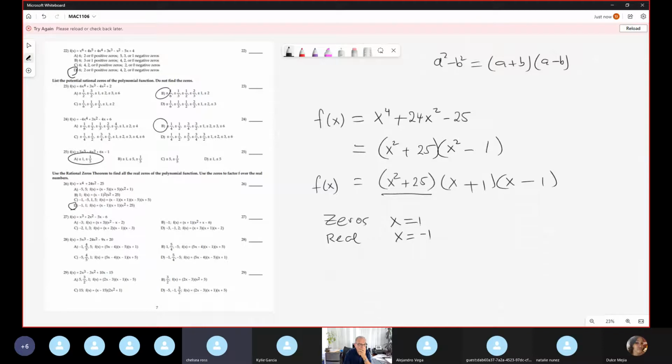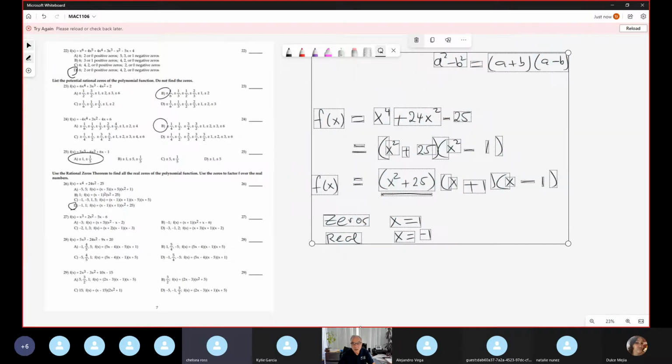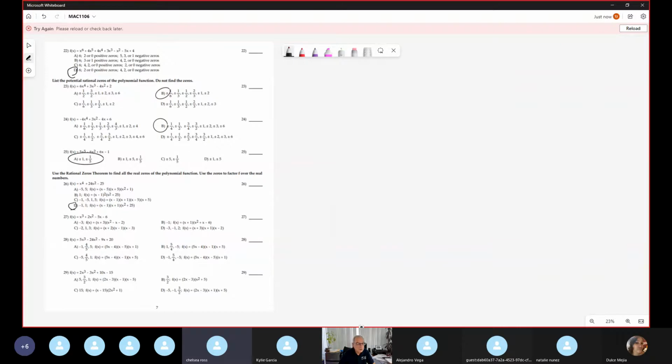Okay, 27. 27 is more complicated. Okay, erase. 27 says f of x is equal to x cubed plus 2x squared minus 5x minus 6.